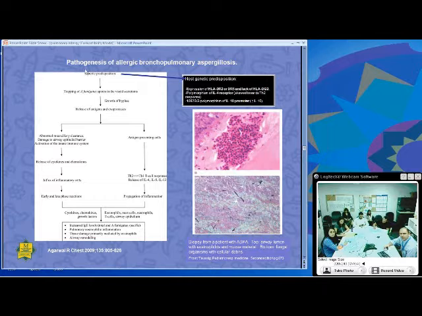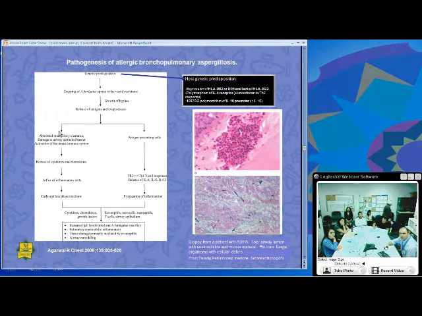So you have your genetic predisposition, and you inhale Aspergillus fumigatus, which is everywhere, and then it germinates inside your airway, and two things happen. One, the antigen-presenting cells, the dendritic cells, present this, and they create a Th2 type reaction, and then you become sensitized. But at the same time, the immune system in the body tries to kill the Aspergillus.